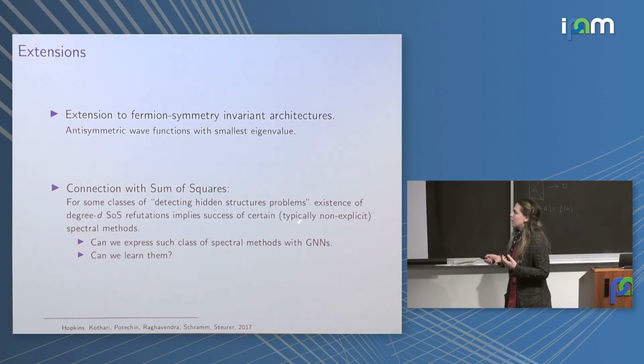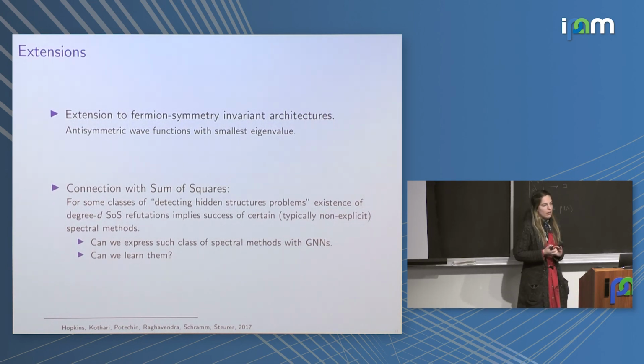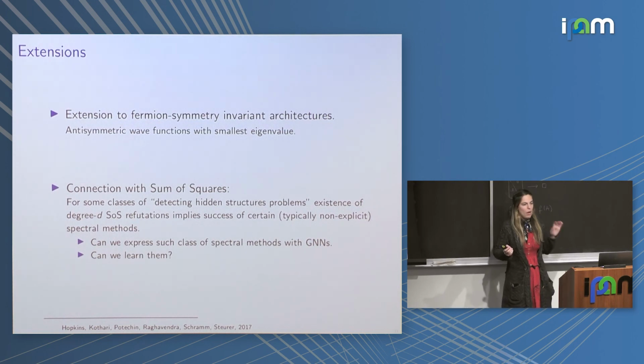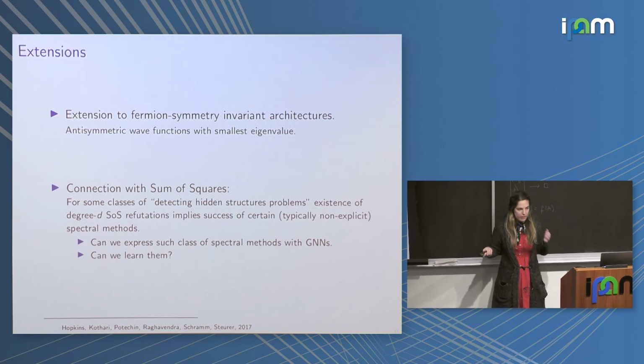Something that I'm very interested in right now is to understand the connection of these graph neural networks with sum of squares. There is a result showing that for certain classes of problems, if you have a sum of squares refutation, then that implies that there exists a spectral method. That spectral method is not given explicitly, but it is a spectral method of a size that depends on the degree of your sum of squares.